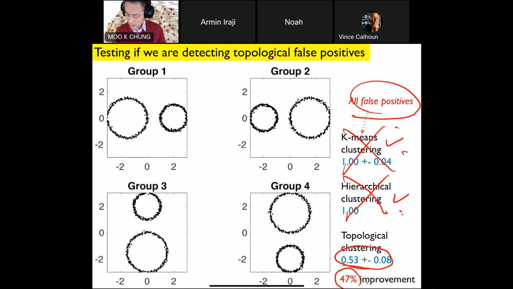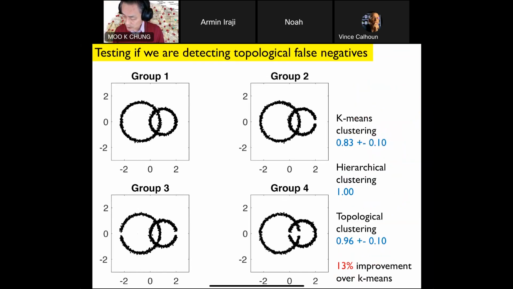Now what about the case of false negatives? In this case, I cut part of the circle to show that these groups are topologically different. I designed this setting very carefully. Now K-means clustering works quite well actually. They are separating.